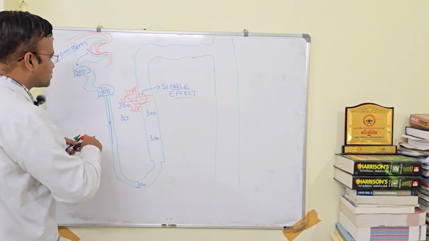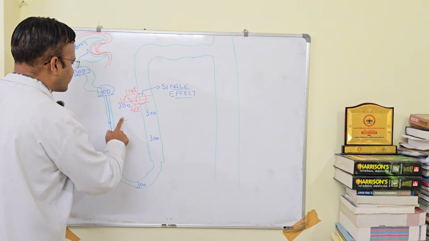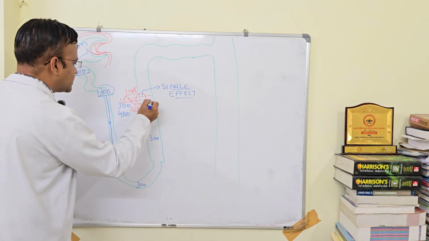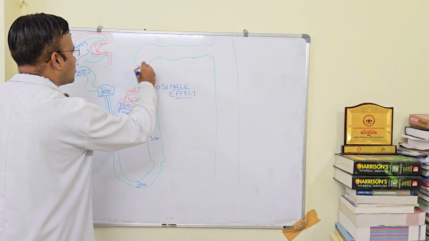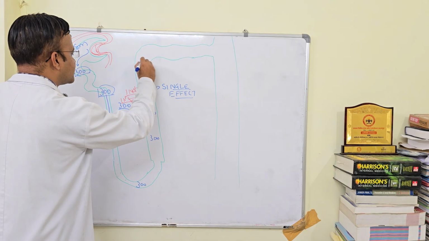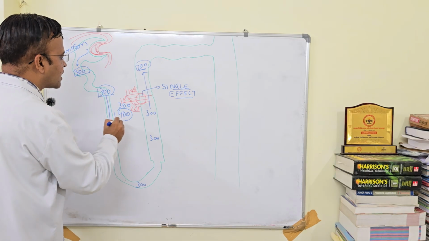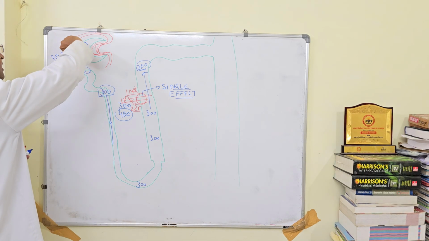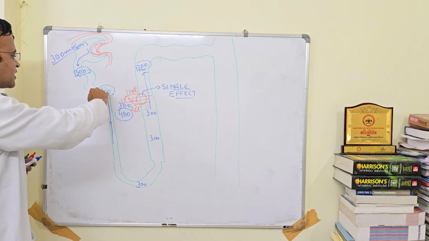So this will become 400, because it is pumped out, and this will become 200, which will go out in urine, right? 200 milliosmoles. Now in the interstitium we have got 400 milliosmoles, right? Now this 300 is still coming from here, 300, 300, 300.